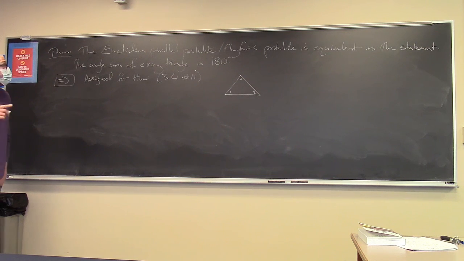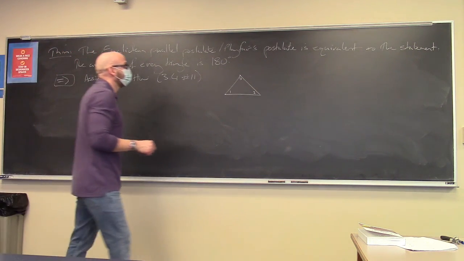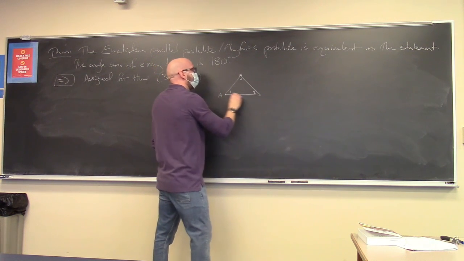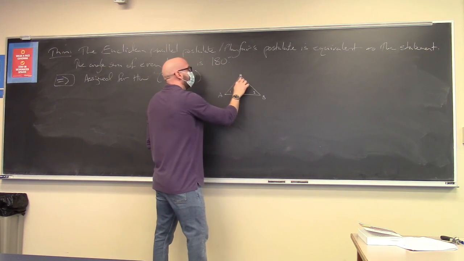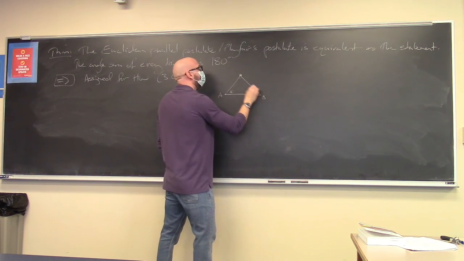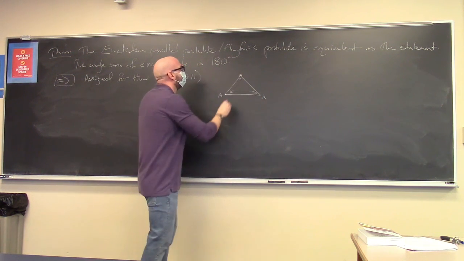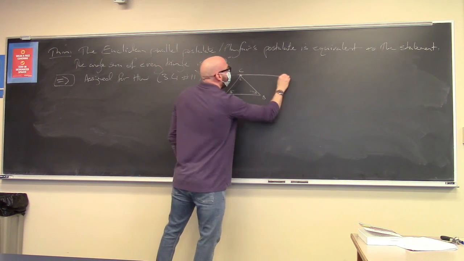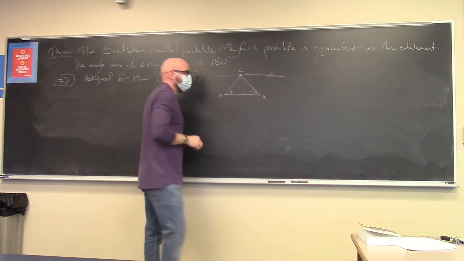The first step feels like Playfair's, but I'm not actually invoking Playfair's. All I'm doing is saying, come into this point. Maybe I shouldn't call these 1, 2, and 3. How about we just call them angles A, B, and C? Makes it read a little bit better. Come into point C and construct a line that's parallel to the base AB.